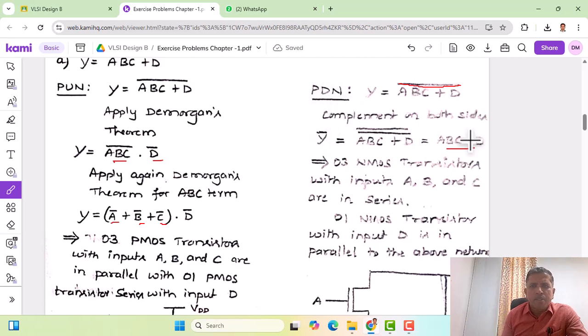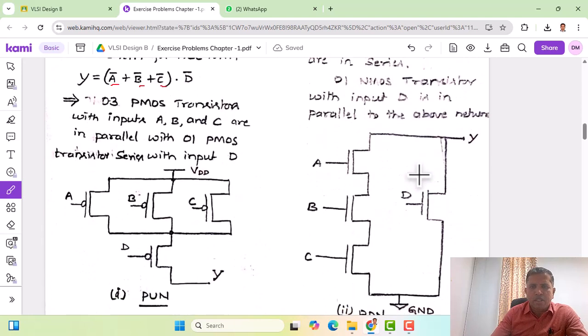And from this expression we can say that the network consists of three NMOS transistors with inputs A, B, C, and all these three transistors are connected in series, and there will be one NMOS transistor with input D, which is in parallel to the above network, and the network is as shown here.